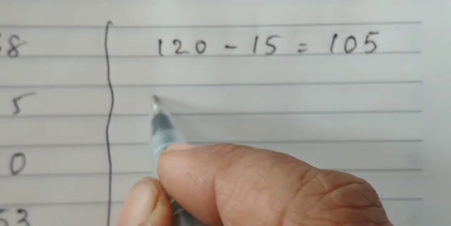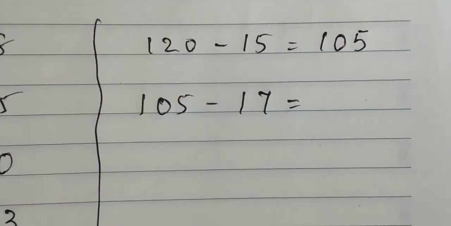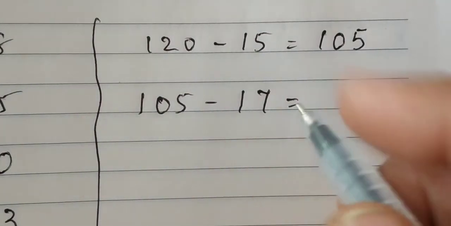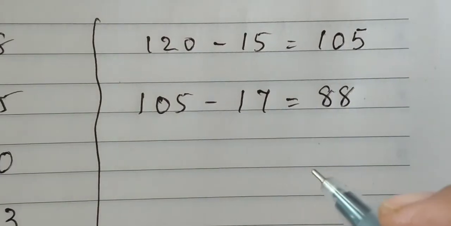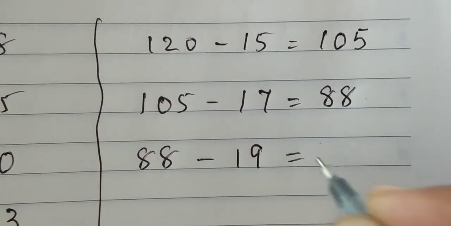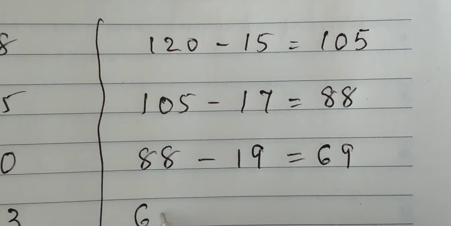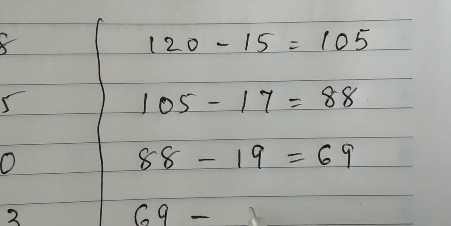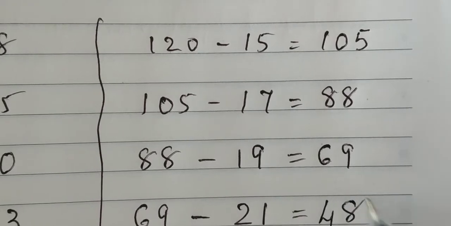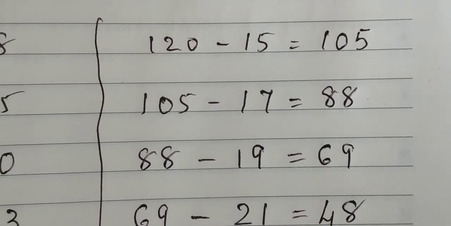105 minus 17 gives 88. Then 88 minus 19 gives you 69. 69 minus 21 will give you 48. 48 minus 23 will give you 25.